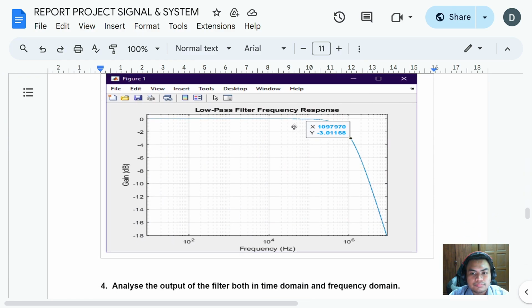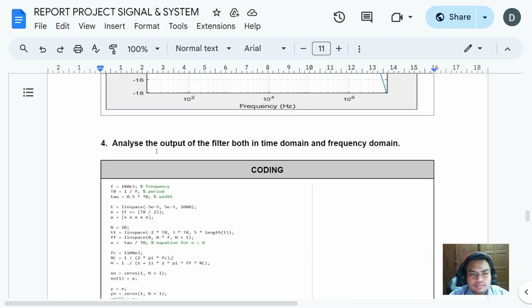From here we can see that the low pass filter is successful because at Y we get -3 dB and the cut-off frequency is at 1.1 MHz.